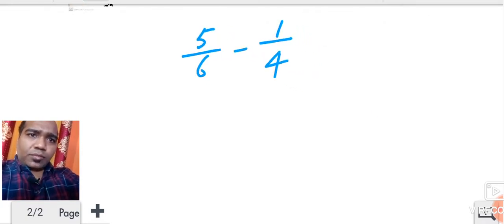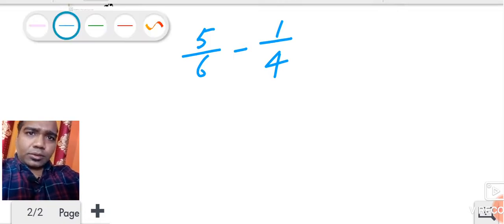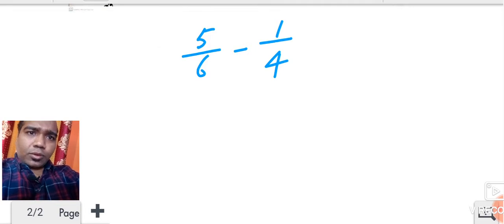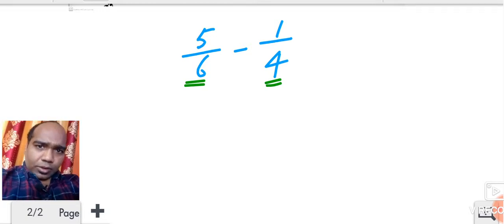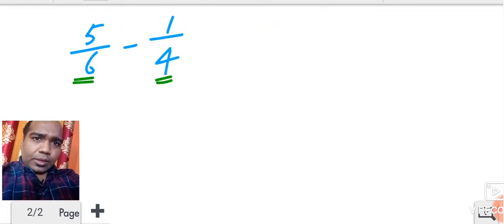Now what is our first step? Our first step here is to find the LCM of both the denominators 6 and 4. So LCM of 6 and 4, how much will we get? Is 6 divisible by 4? No. So we cannot take the larger number as LCM. So what we have to do? Here we will have to find the LCM of 6 and 4.